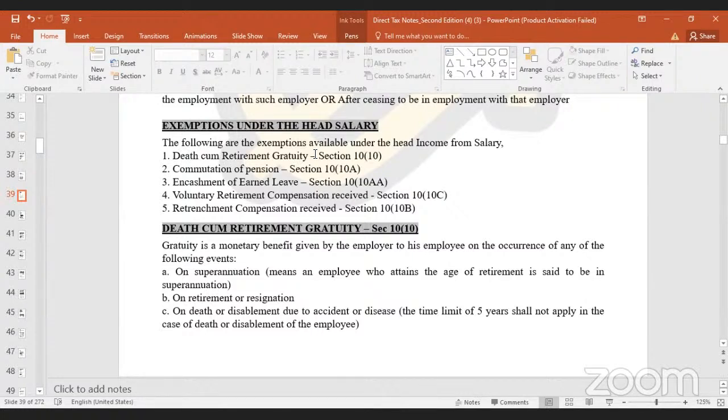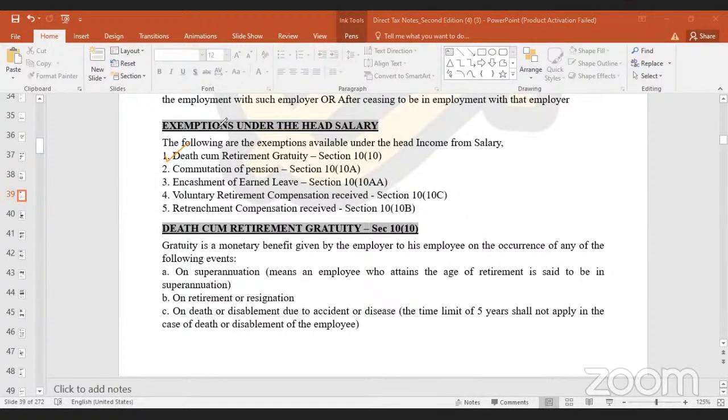The exemption is granted under section 10 subsection 10. Commutation of pension is under section 10 10A. Encashment of earned leave is under section 10 10AA. Voluntary retirement compensation received is under section 10 10C. Retrenchment compensation received is under section 10 10B. So these are the exemptions which you will get under section 10.